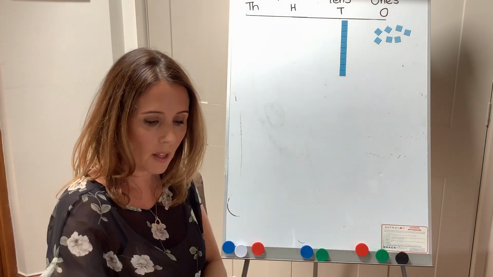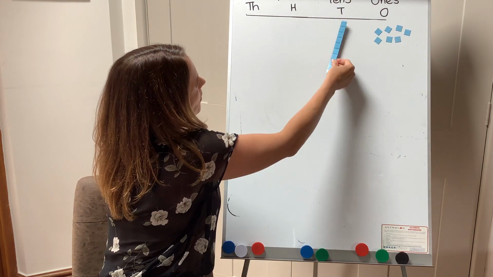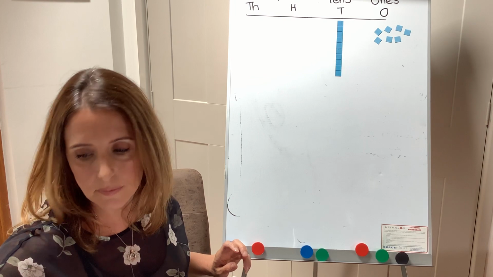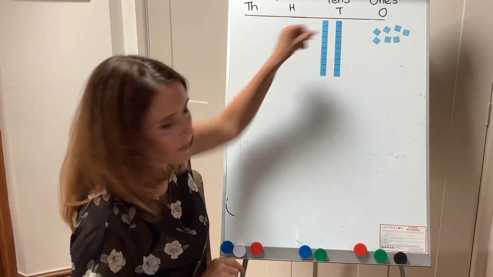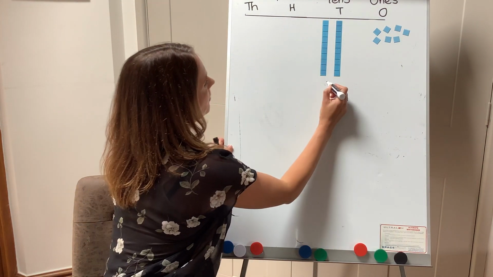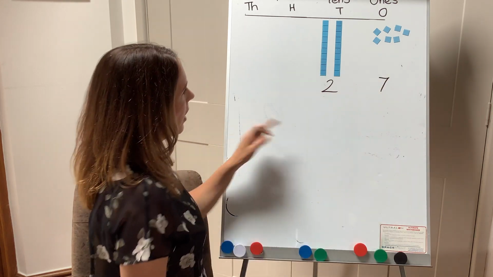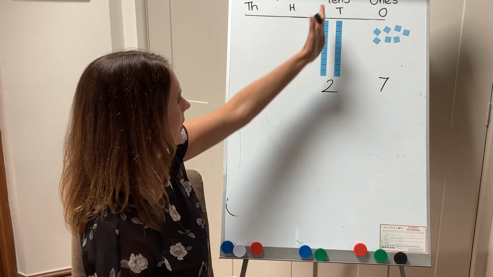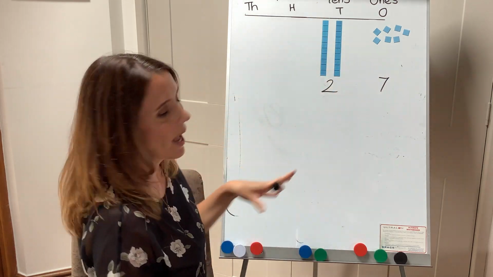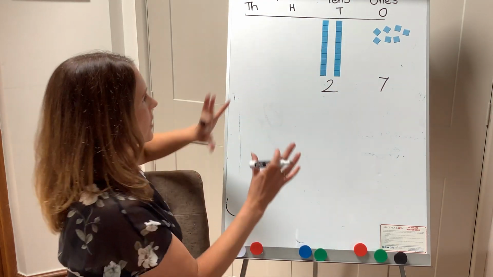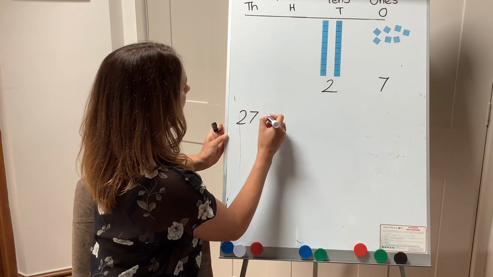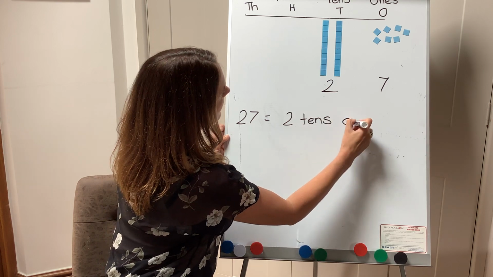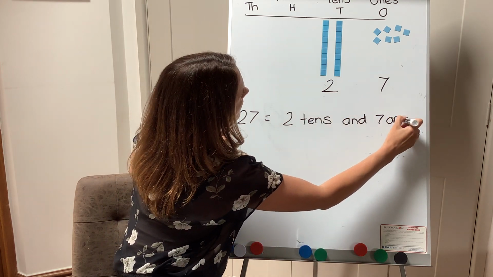So if we have the number 27, we have 2 tens, because the 2 is in the tens column, and we have 7 ones. So the number 27 is made up of 2 tens and 7 ones.